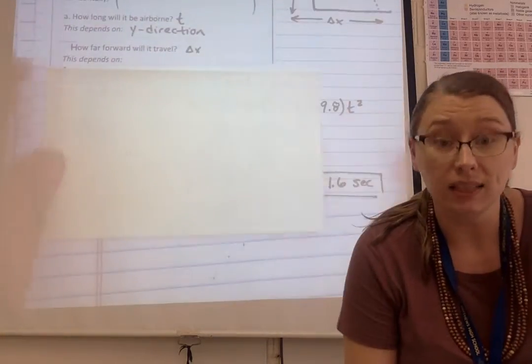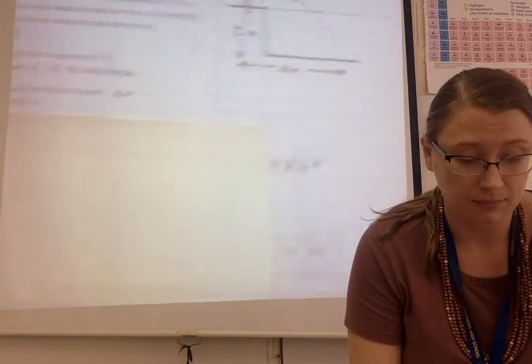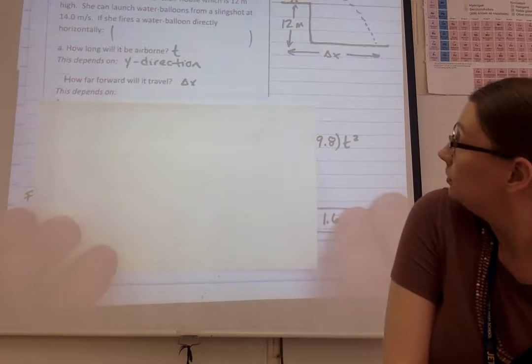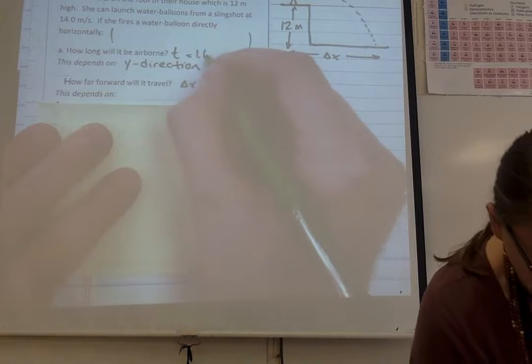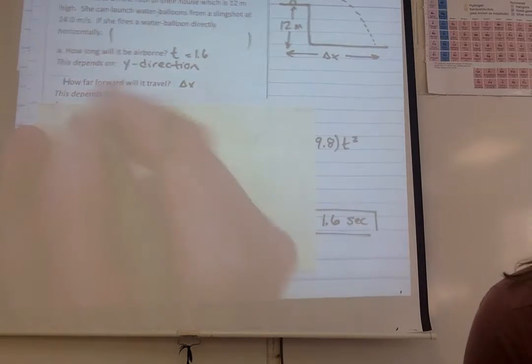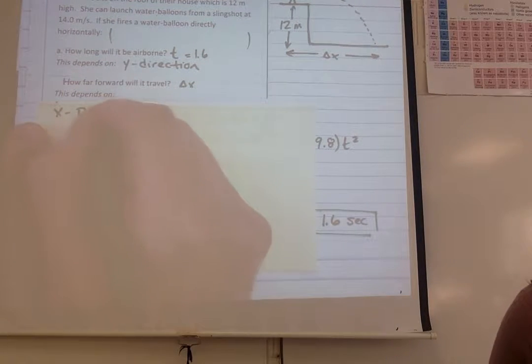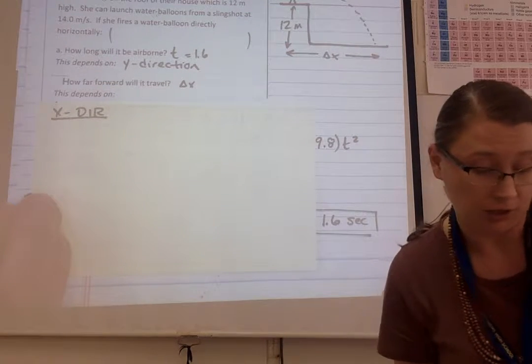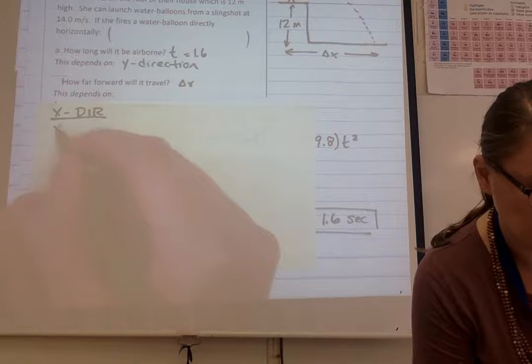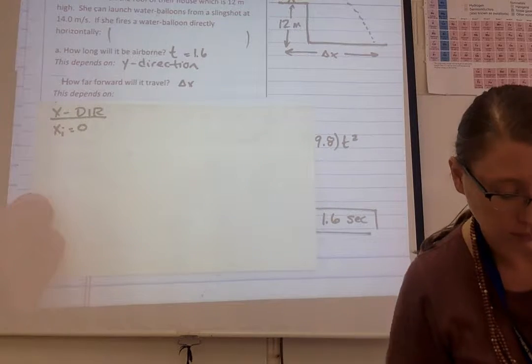And if you ever need to pause it and go back and rewrite something, you could do that. So I know the time is 1.6 seconds. Now I'm going to do the x direction. Let's think about what I know about the x direction. I know x initial is 0.